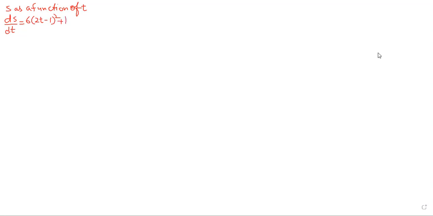This is another piece of information which is given, that when s is differentiated with respect to t, the result is 6 times (2t minus 1) whole square plus 1 outside the bracket. Another thing which they are giving us is that s equals 4 when t equals 1. This is another piece of information which is given to me.